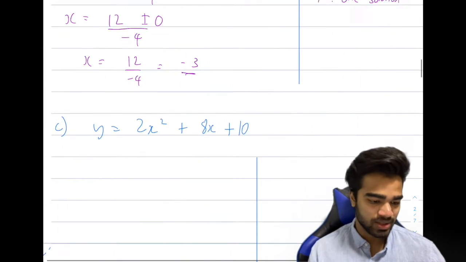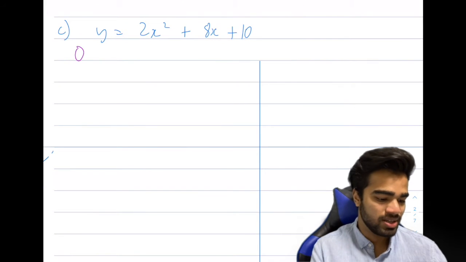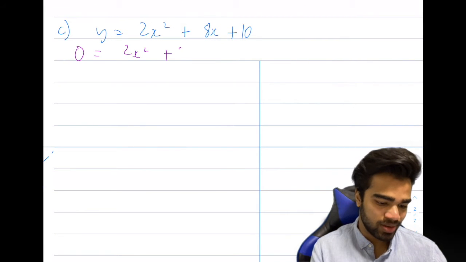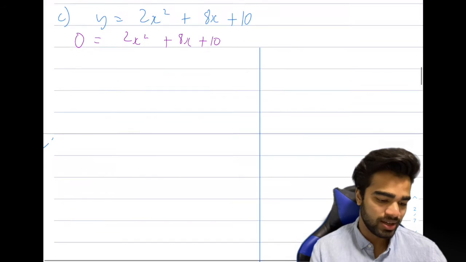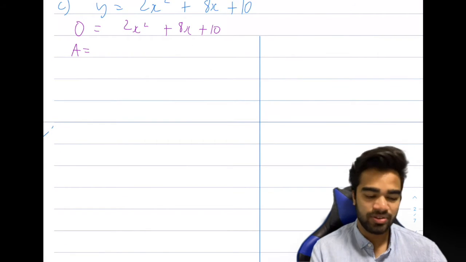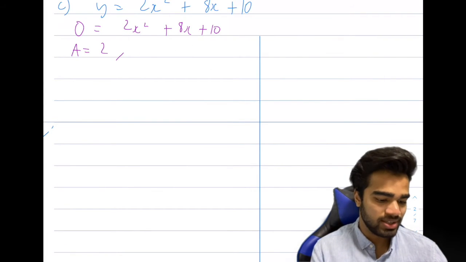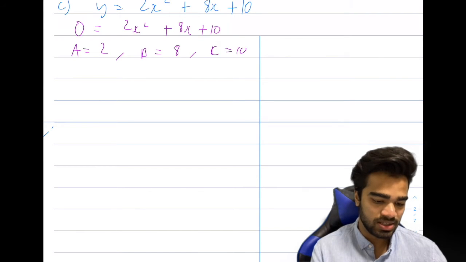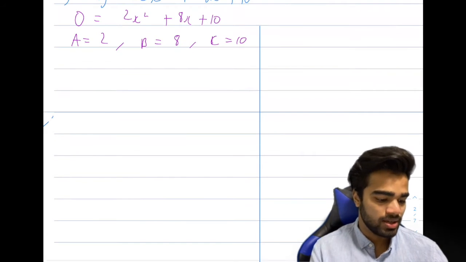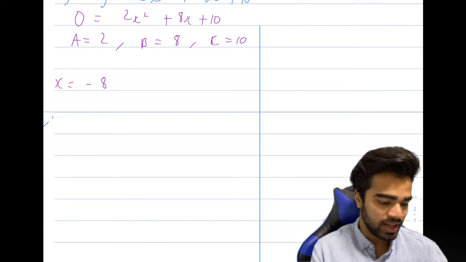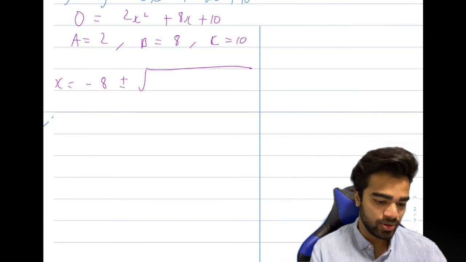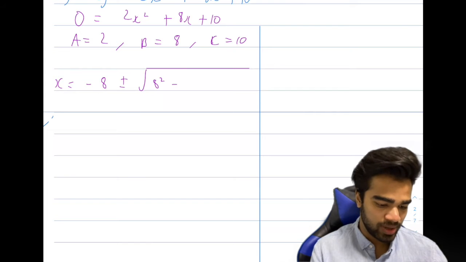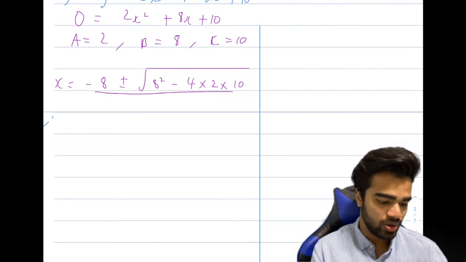Okay, let's keep going. One last one. 0 equals 2x squared plus 8x plus 10. Again, if we try to factorize, you won't be able to, so use the quadratic formula. a is 2, b is 8, and c is 10. Okay, we'll start. Negative b, so negative 8, plus or minus the square root of b squared, 8 squared, minus 4 times a times c, over 2 times a, so 2 times 2.